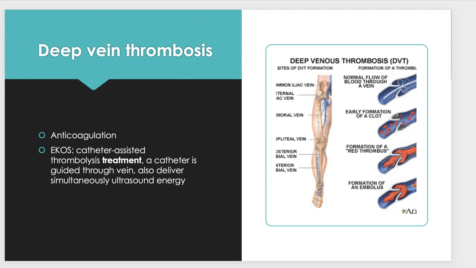We talked earlier about using warfarin or Coumadin for patients, or even the novel agents. There's also catheter-assisted thrombolysis treatment that can be used. This is a procedure where a catheter is guided through the vein and delivers ultrasound energy to break up the clot.